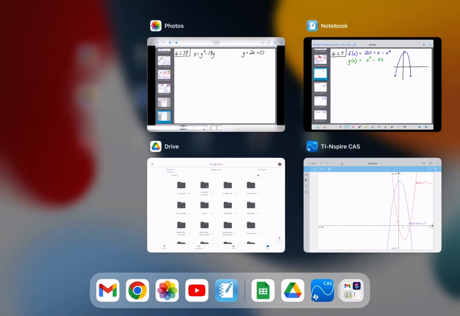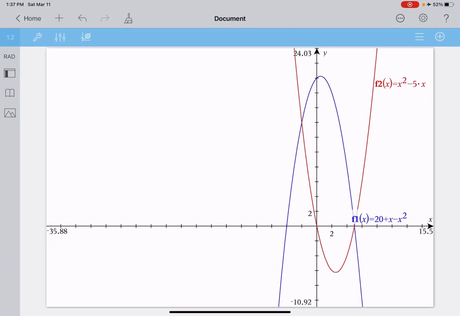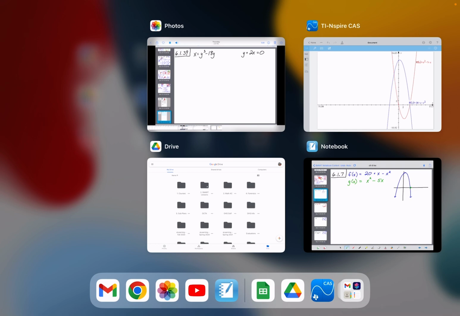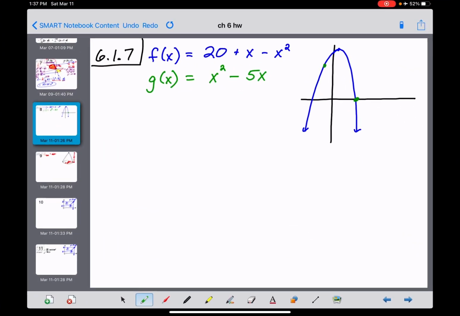Our second point of intersection was going to be up here somewhere with a vertex down here. This graph does not need to be perfect, everybody, but I do want to get the points of intersection roughly correct. I'm pretty sure this point right here was 5, 0, but I'll verify that in just a second.